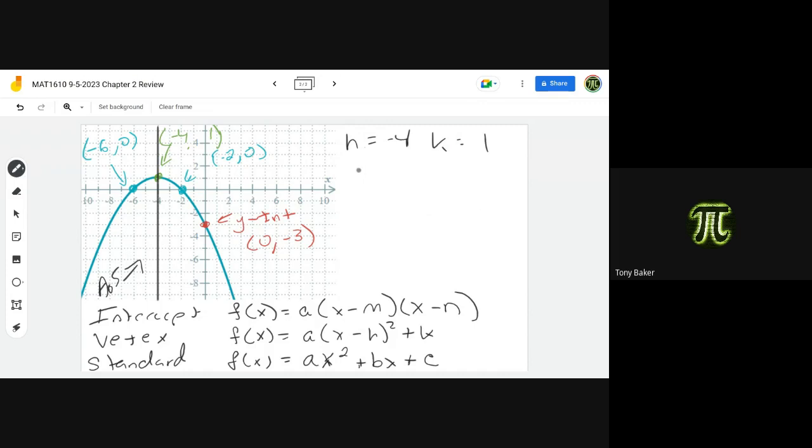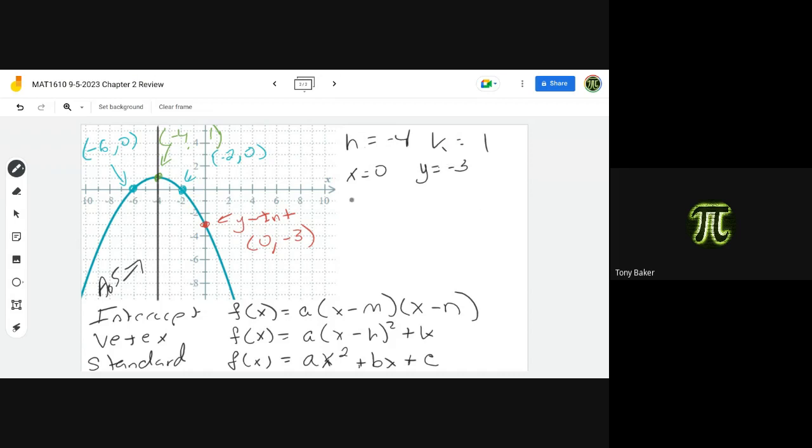So I can plug that information in, and then I need a point because I have to be able to solve for A. You can use any point you want for this. I would typically use the y-intercept or the x-intercepts because one of them is 0. So let's use the y-intercept. So I have x is 0 and y is -3.